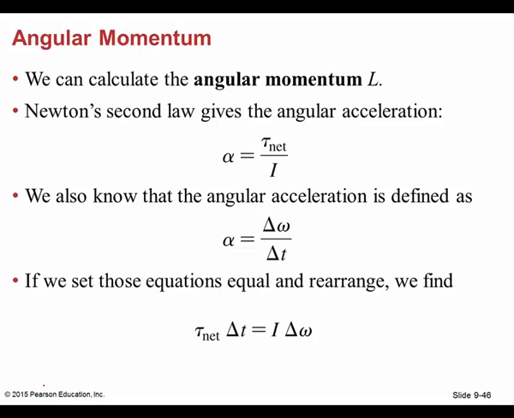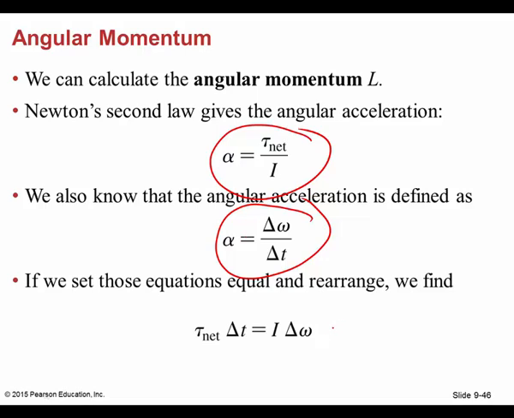Well, we take Newton's second law for angular acceleration. We know it's the net torque divided by the moment of inertia. And we can also find angular acceleration using the change in angular velocity during a given time interval.